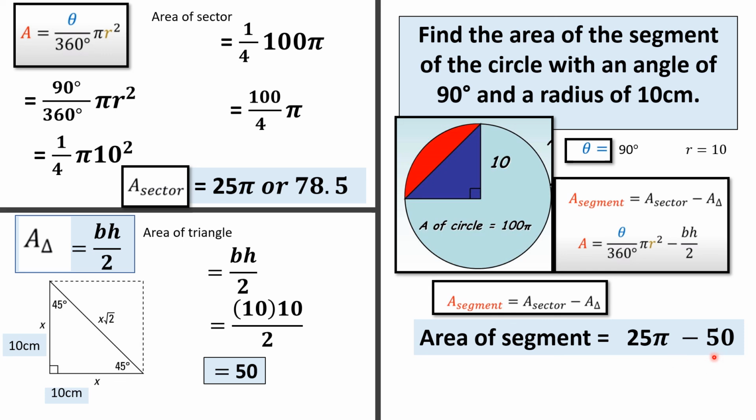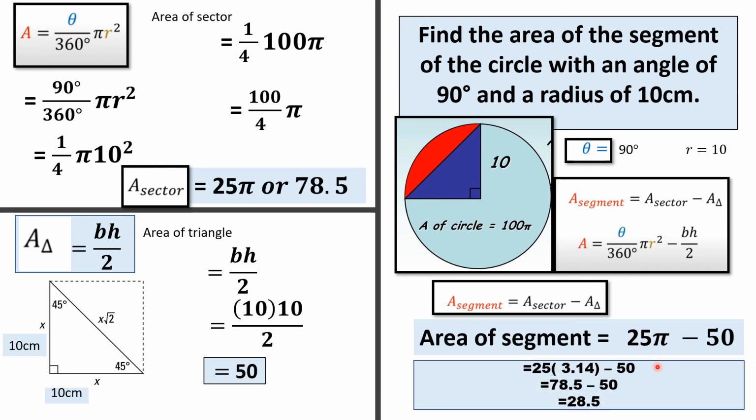But if we're going to get the decimal of 25 times 3.14, pwede na natin siya i-subtract. Pero kapag in terms of pi, this is the final answer: 25 pi minus 50. But if we're going to find the decimal, we have 25 times 3.14 is 78.5 minus 50. So in decimal, we have 28.5. And that is the area of the segment.